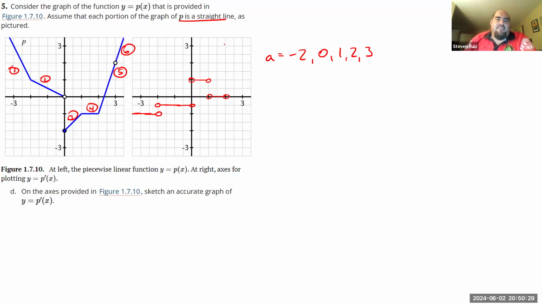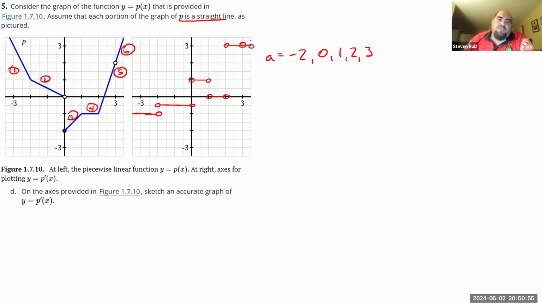And it might look like that continues all the way through the end of our graph. But one thing to be careful of is, even though it looks like a constant slope, remember where we fail to have continuity, we also fail to have differentiability. So because of that, I have to put one more open circle at x equals 3.